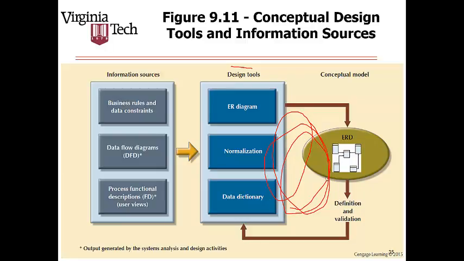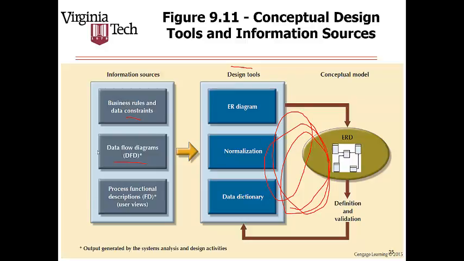What happens is you keep getting information. You have the data flow diagrams, you have the functional decompositions, you have business rules, all the things that you learn from the user and from the existing system and from the problem domain and from your analysis. All that feeds into your ER diagramming.